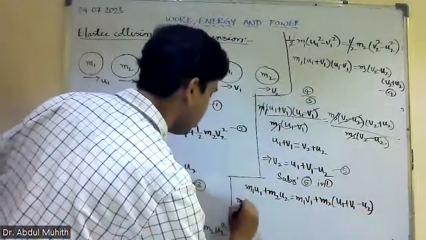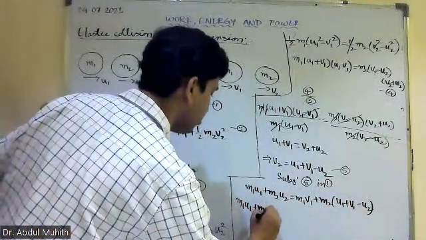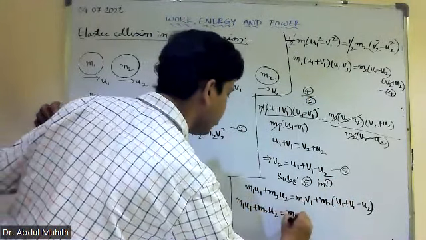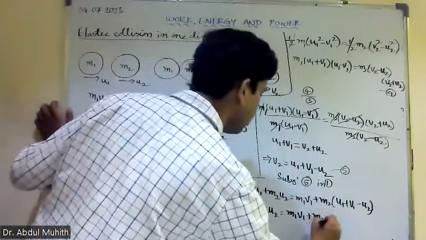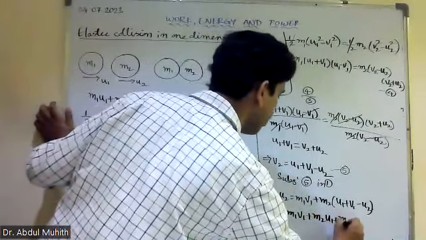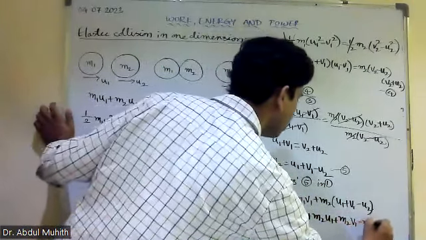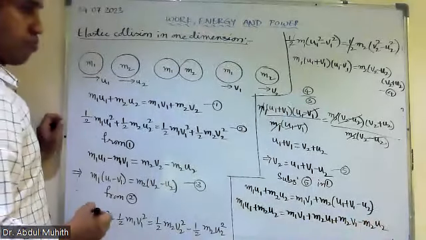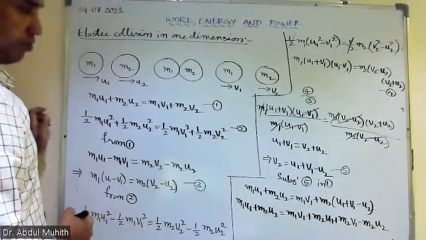So what will happen? M1 U1 plus M2 U2 equal to M1 V1 plus M2 U1 plus M2 V1 minus M2 U2. Okay. So what will happen now? M2 U2.